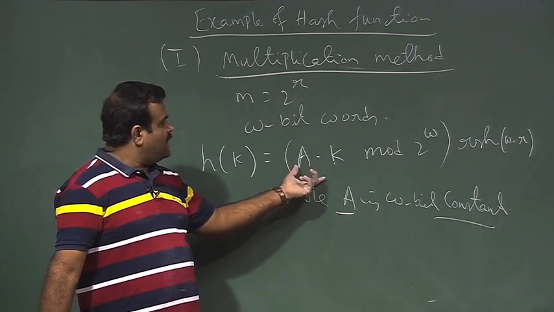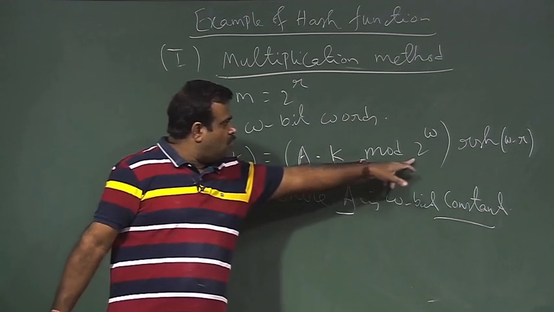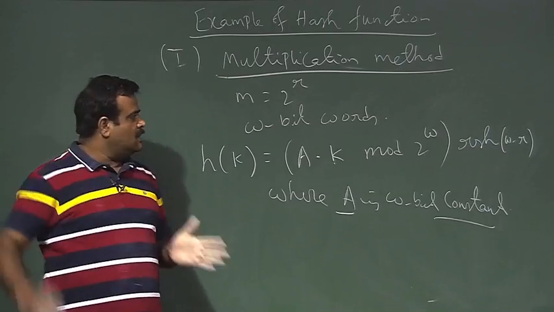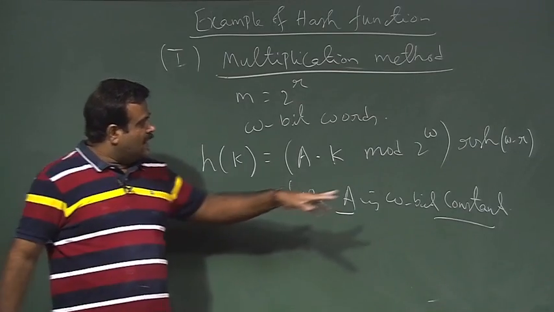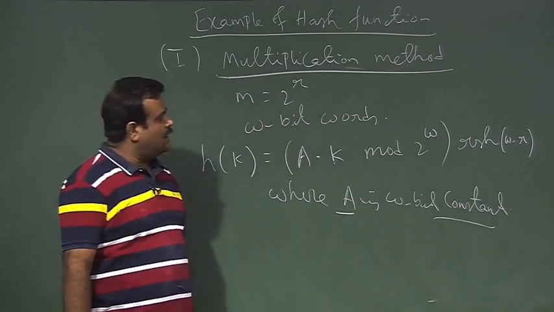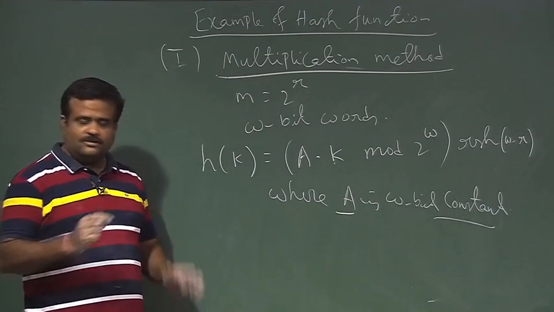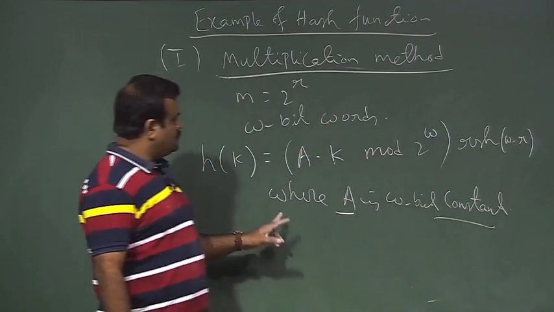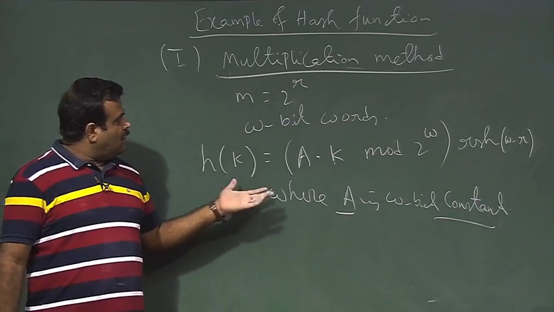Now, we want to make it again w bit. So, that is why we take mod 2 to the power w. So, it will again become w bit, the last w bits, and then we do a right shift w minus r times. So, this is basically called the multiplication method.